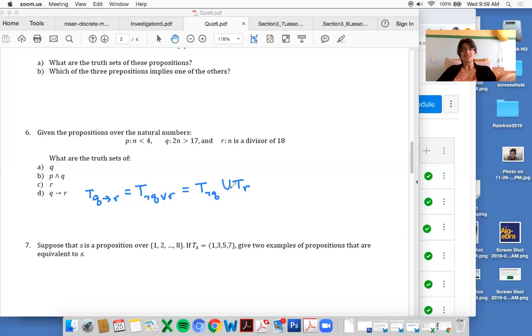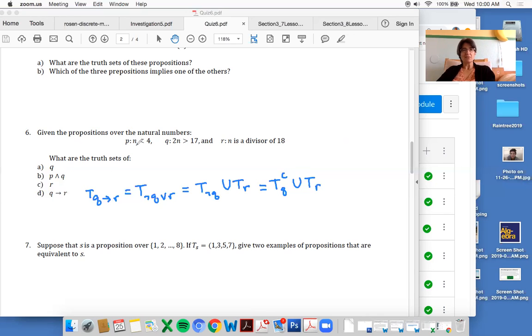So we're looking at the union of the truth set for not Q and the truth set for R. And the truth set for not Q is the complement of the truth set for Q, united with the truth set for R. This is a relationship I gave you in a box somewhere in section 3.6. Same as how the truth set for P and Q is the truth set for P intersect the truth set for Q, right?